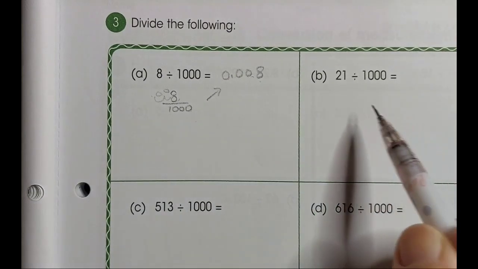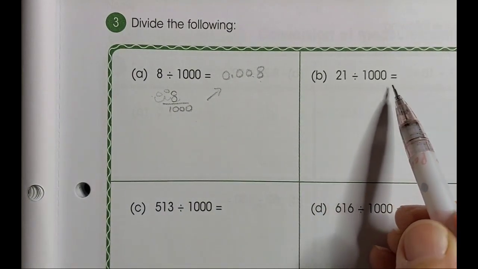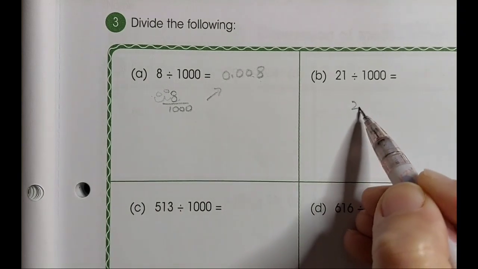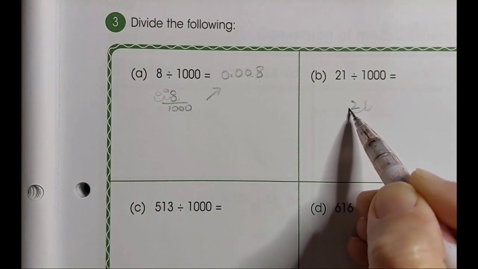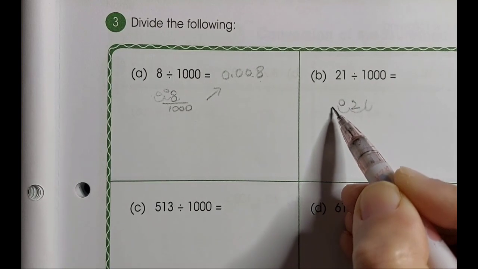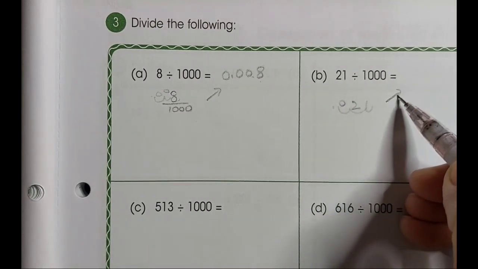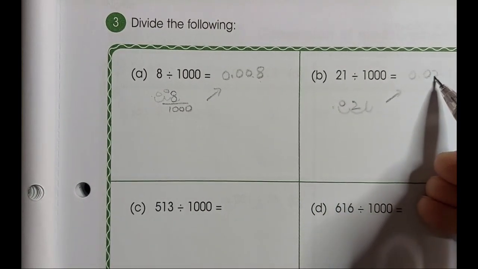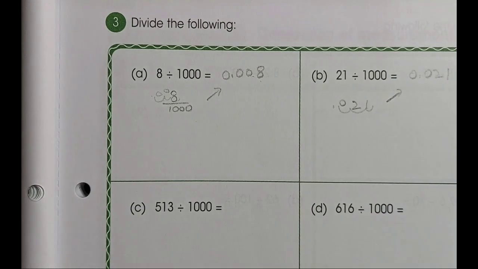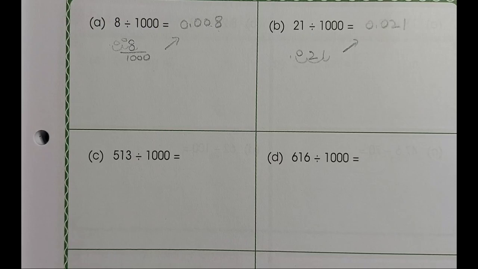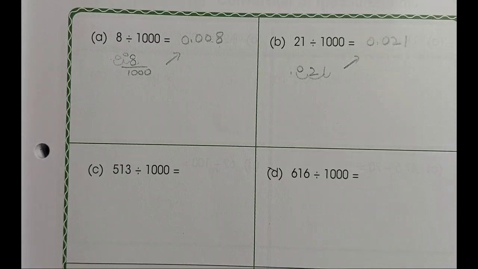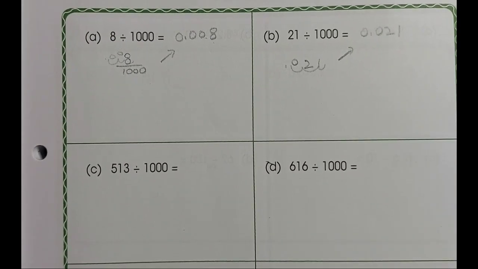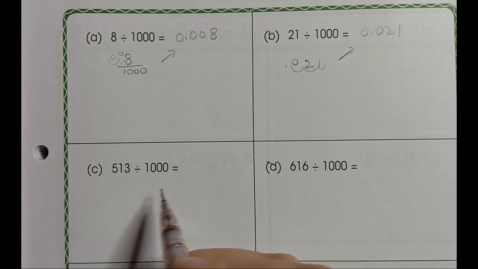Now move on to part B. 21 divided by 1000. Again 3 decimal places. So 1, 2 and 3. Here we have to put 0. So it will become 0.021. Okay. Now move on to part C. 513 divided by 1000.